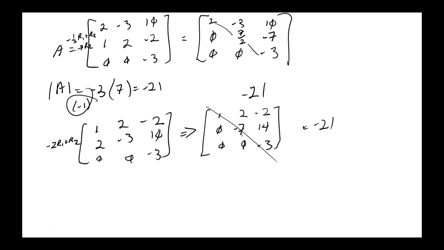Oh, they did yet another step. They factored a -7 out of the second row and a -3 out of the third row.